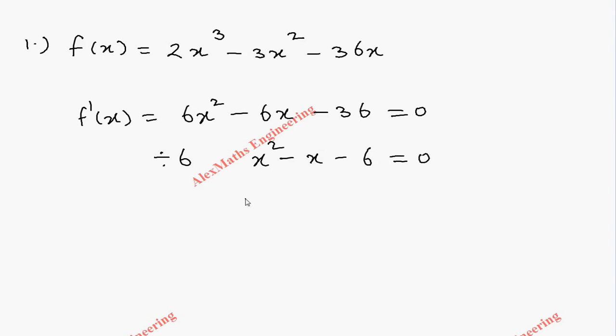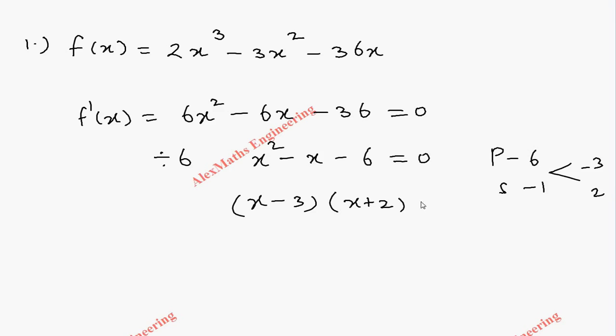After factorizing, the product is minus 6, sum is minus 1. So the two numbers are 3 and 2, where 3 is negative. So after factorizing, we get two factors, x minus 3, x plus 2 equal to 0. So by taking each factor separately to 0, we get two values, and these are the critical values.